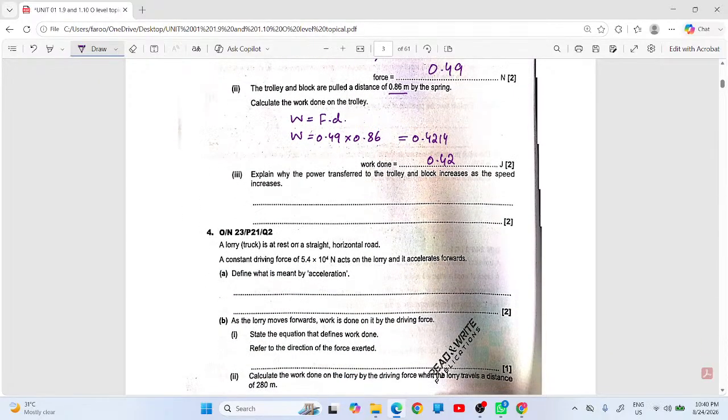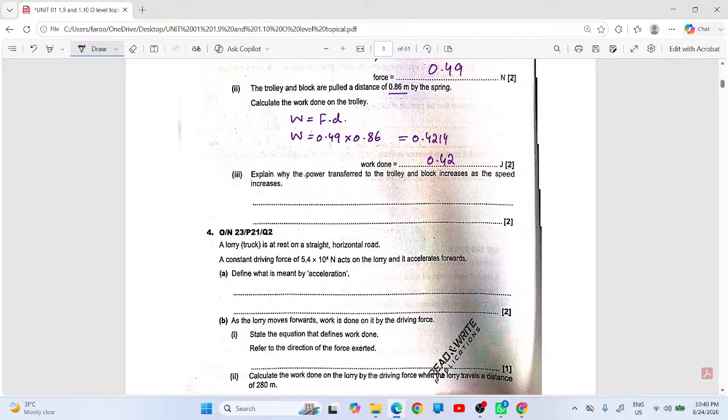Explain why the power transfer to the trolley and the block increases as the speed increases. Since the kinetic energy would increase, which would change into another energy form.